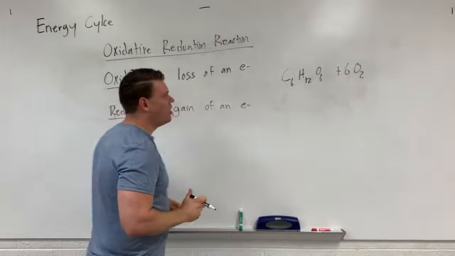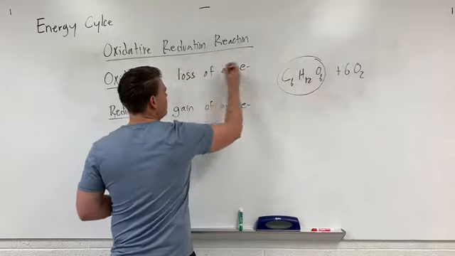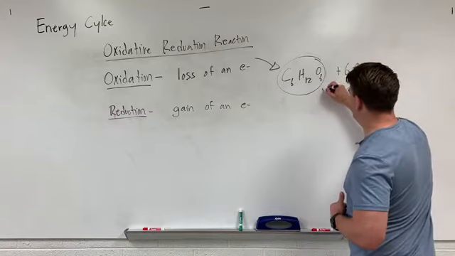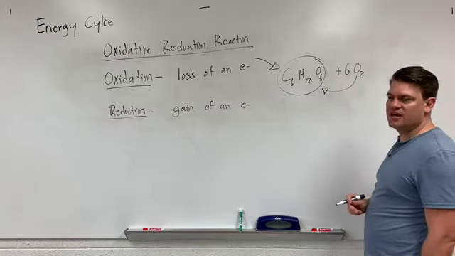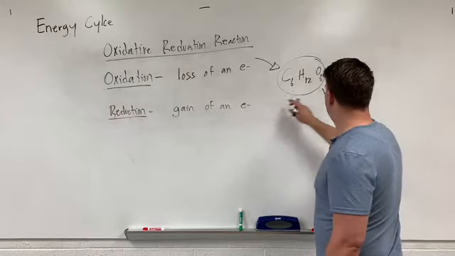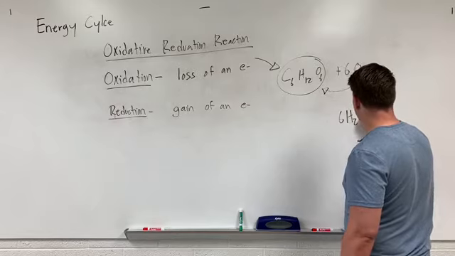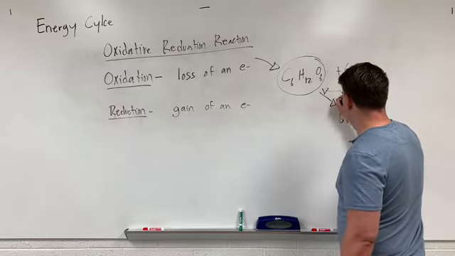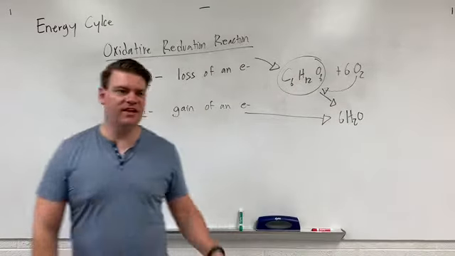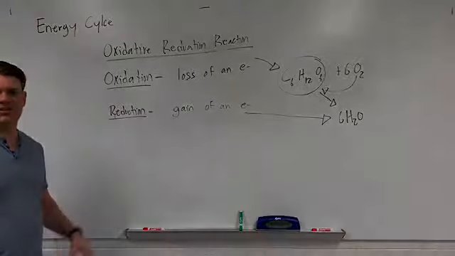Here, our sugar is going to be oxidized because the oxygen is going to take away the 12 hydrogens. And because of that, we're going to create our water, 6H2O, through this process. And so our water becomes reduced because we're adding the hydrogens onto the oxygen.